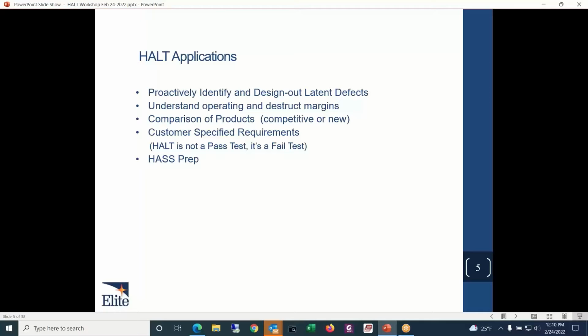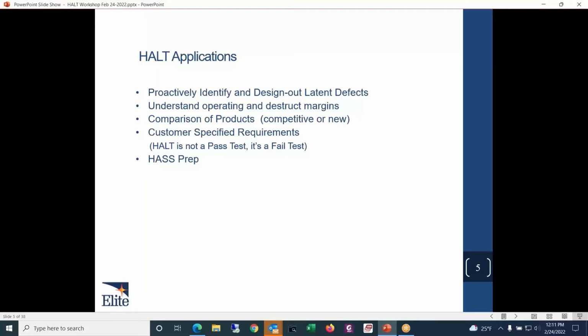I'll share information a little bit later that deals with this comparative HALT purpose, and some things you have to keep an eye out for. The HALT table has some non-uniformities to it, so I'll share information about that and how to manage that non-uniformity. HALT sometimes comes to us as a customer specified requirement.